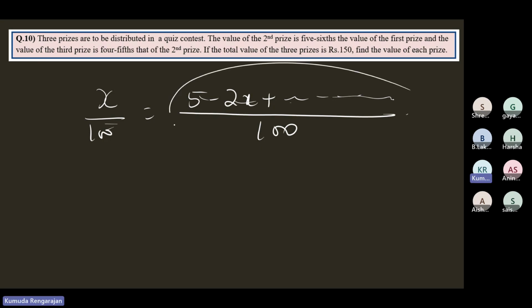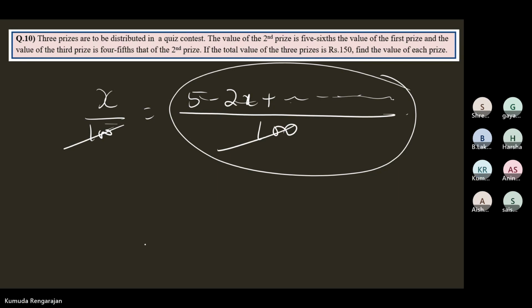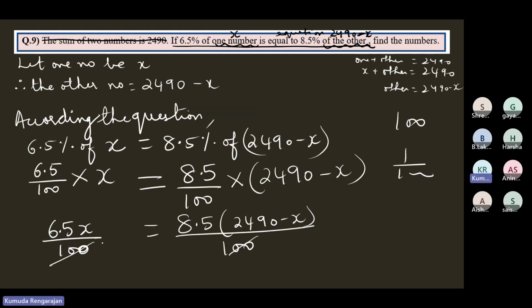This is only one fraction. You can't take the LCM here. Here you can cancel. So if the left hand side and the right hand side are completely simplified, they represent only one fraction, then you can cancel out the denominators like this. So that's what we do here. So we cancel out the 100.